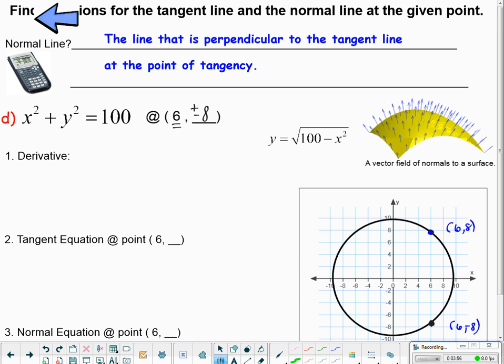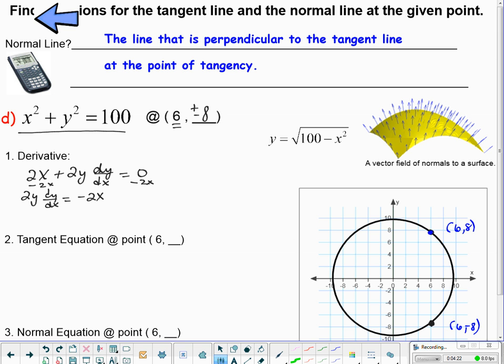Now, what we want to do is find the derivative. And the derivative for this would look like 2x plus 2y dy dx, implicit differentiation, equals 0. Solve for dy dx, we'll have 2y dy dx is equal to negative 2x. I subtract 2x from both sides.